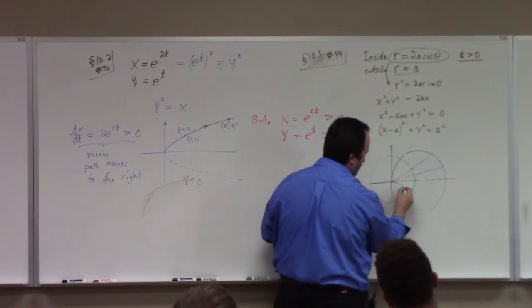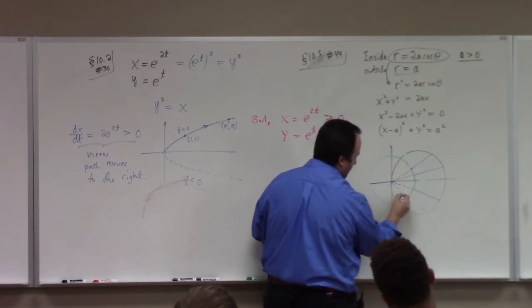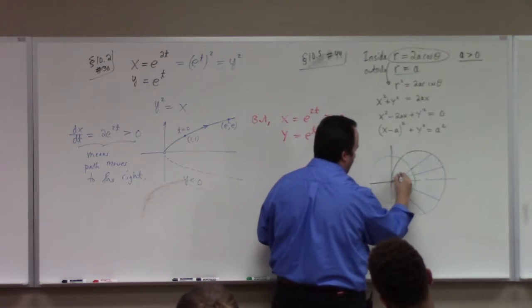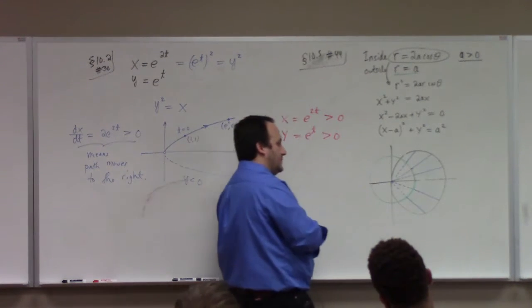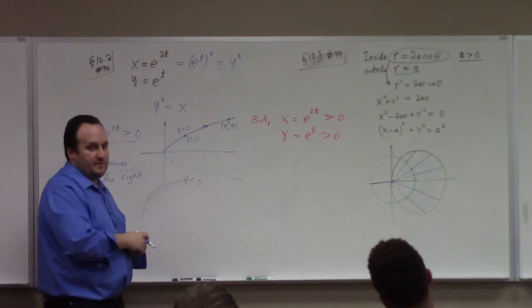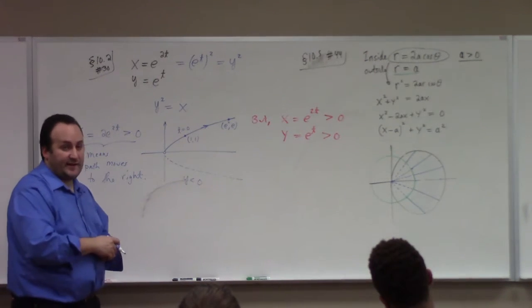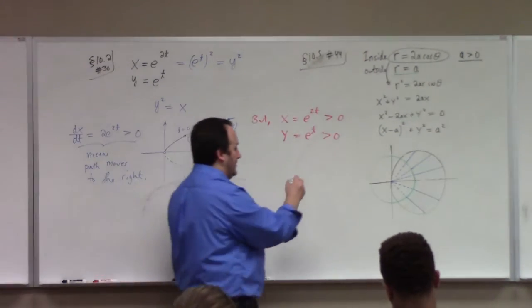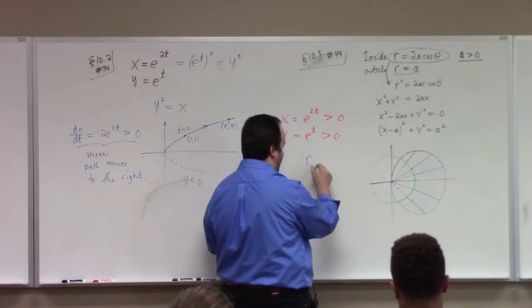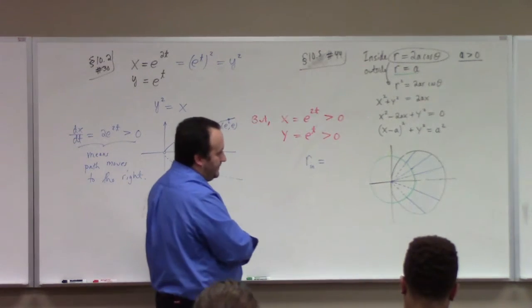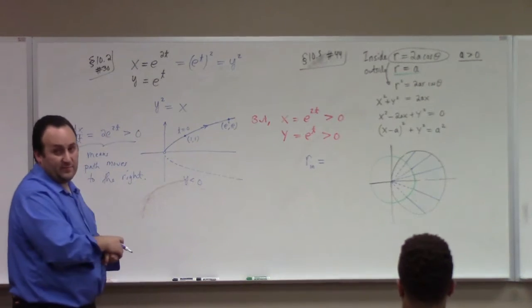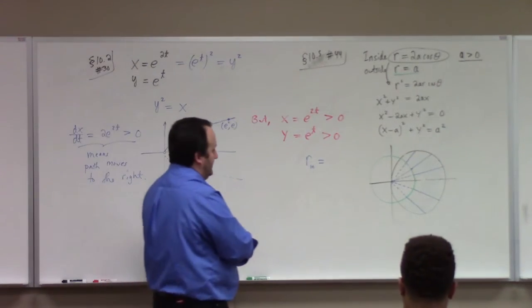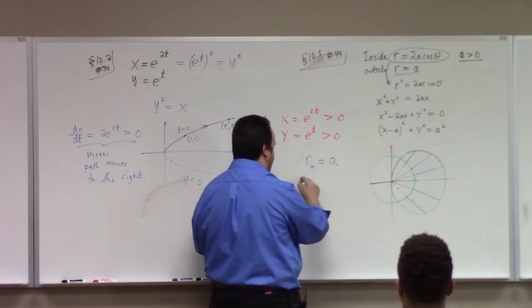See that? No matter where you draw a ray from the origin, there's a clearly defined inside and outside radius, right? R in is what? The green circle, right? Which is just a, right?